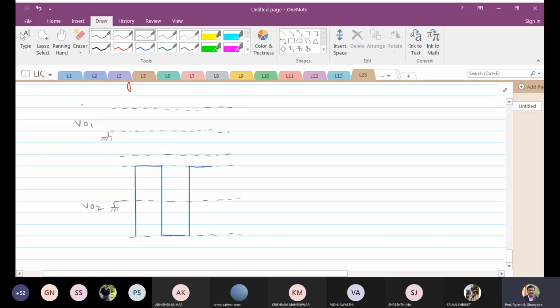And at VO1, however, you will have different values. So let me mark these values first, the times.